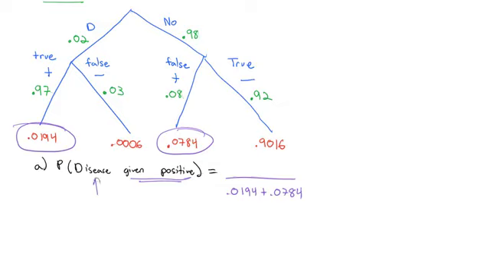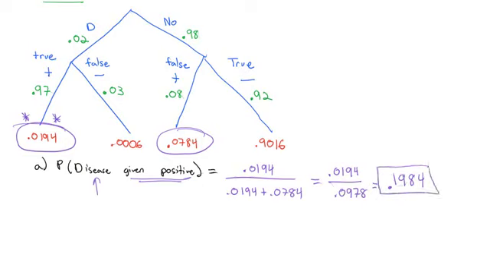So tracking the disease, that's going to be this number on the left, the 0.0194. So when we add, we get 0.0194 divided by 0.0978. The probability you actually have the disease is 0.1984.